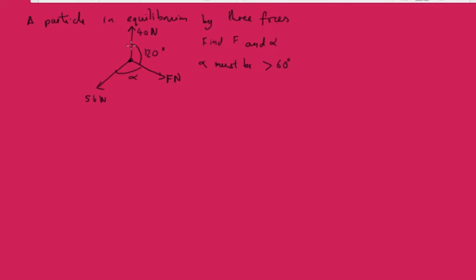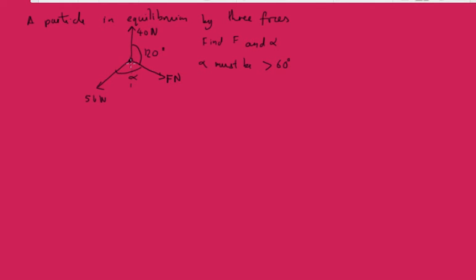Why is that? If we were to draw a line down here, that is a straight line there, so it's going to be 180. 180 minus 120 is 60. So that angle must be greater than 60, otherwise the particle won't be held in equilibrium.